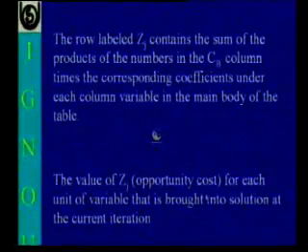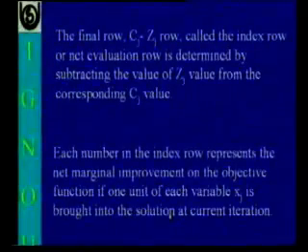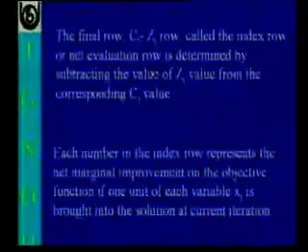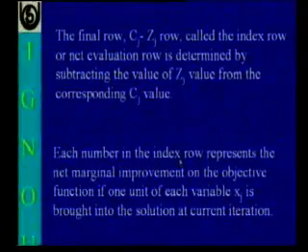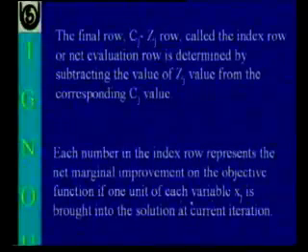This is the value of Zj for each unit of a variable that is brought into the solution at the current iteration. Now the final row, Cj minus Zj, is called the index row or the net evaluation row. This I will also explain when I solve the problem. Each number in the index row represents the net marginal improvement in the objective function if one unit of each variable is brought into the solution at the current iteration.